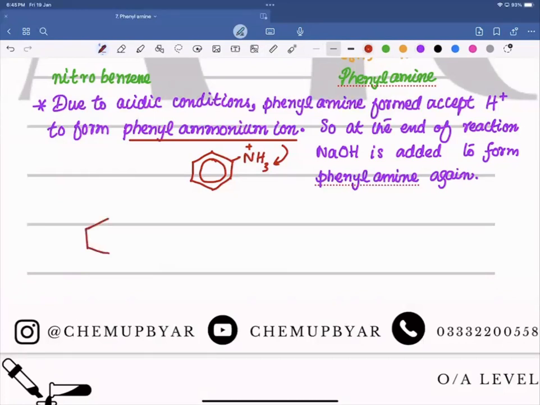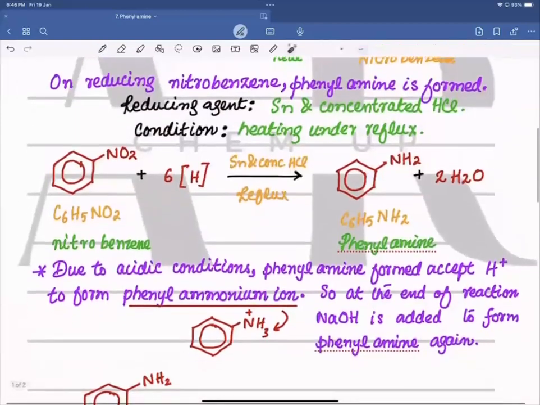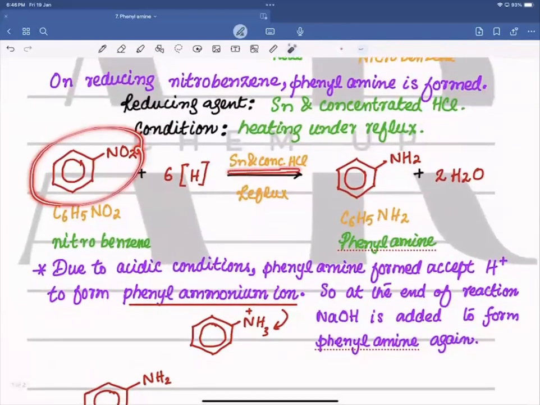Here we have a question: the hydrogen will join with NH3 from water, right? No, not from NH3. Let me explain. We want to form this thing, and we are preparing it from this, and for that we use this as a catalyst. It's an amine, and amine has a nitrogen, and nitrogen has a lone pair, and it is acid.